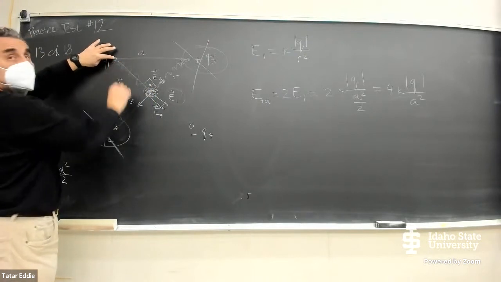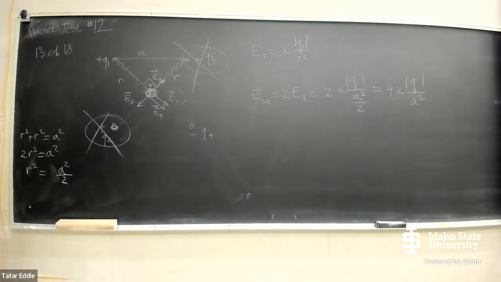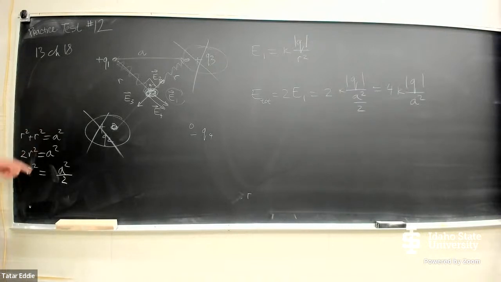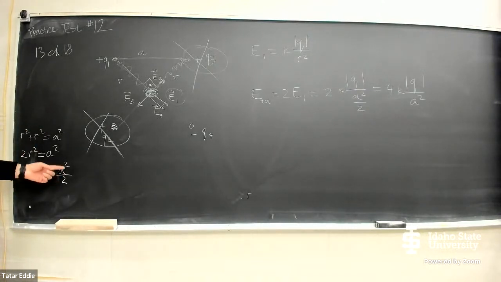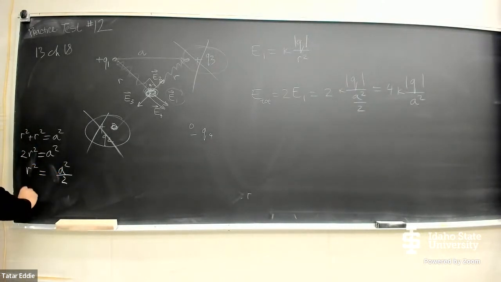You have this distance, right? So shouldn't that be the A value if R is 4.1 and it's on the side? So the value of R is going to be A divided by the square root of 2.